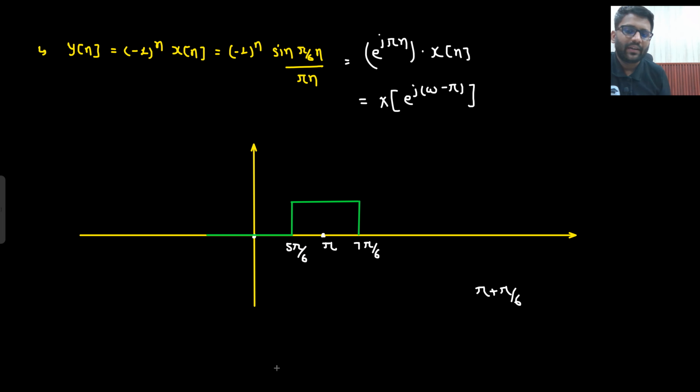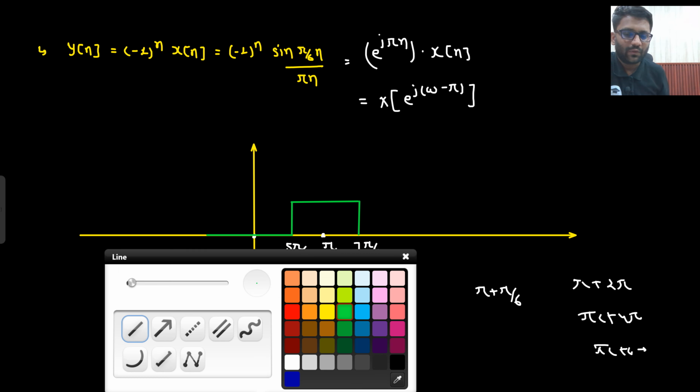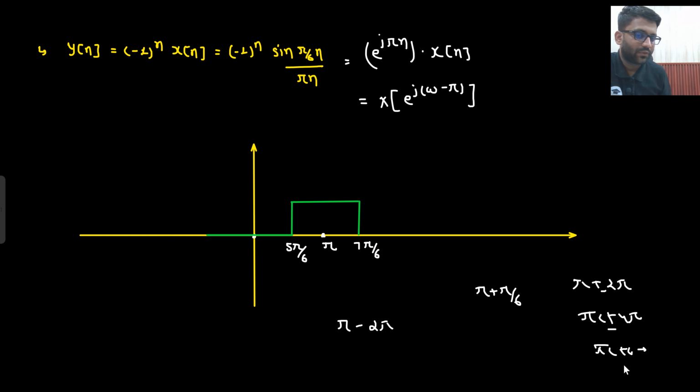Now what will happen? It is periodic with 2 pi. So the center is at pi, and pi minus 2 pi is minus pi. Basically it is periodic with 2 pi, so pi plus 2 pi, pi plus 4 pi, pi plus 6 pi, in that manner it will keep on going. Along with that, pi minus 2 pi, pi minus 4 pi, pi minus 6 pi.